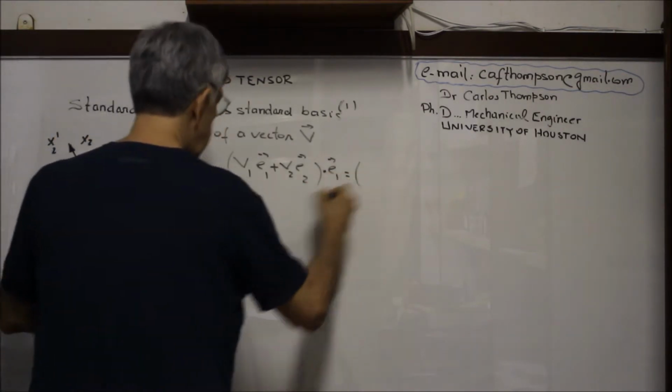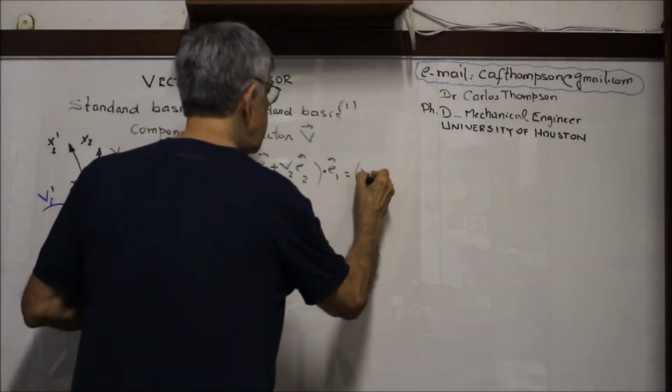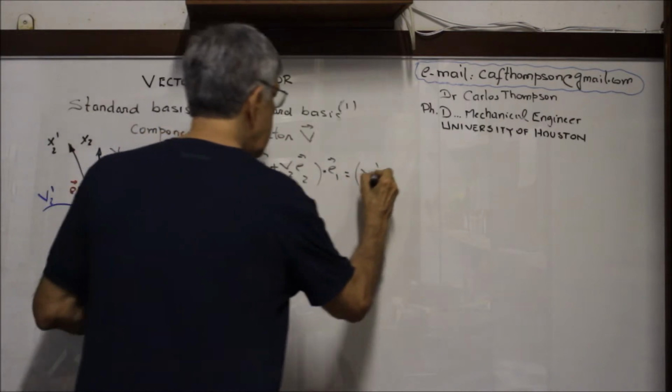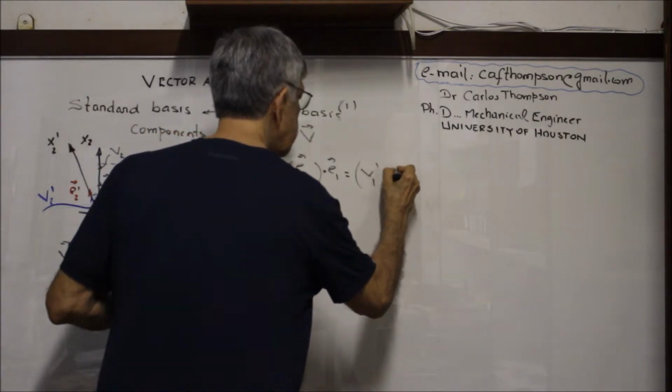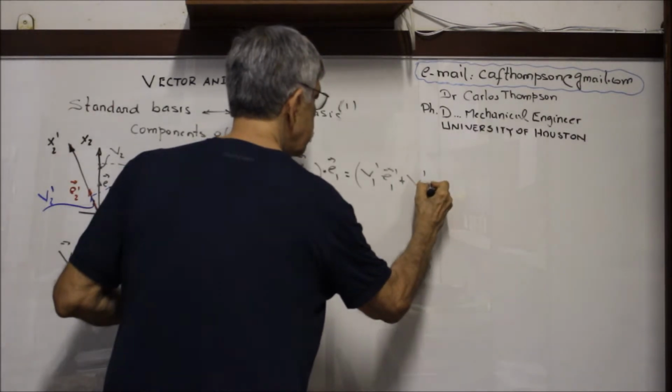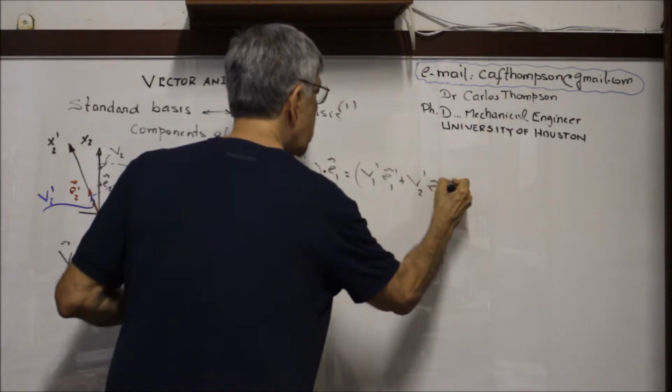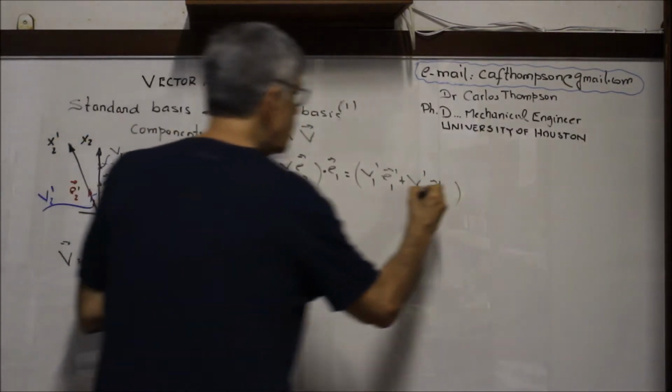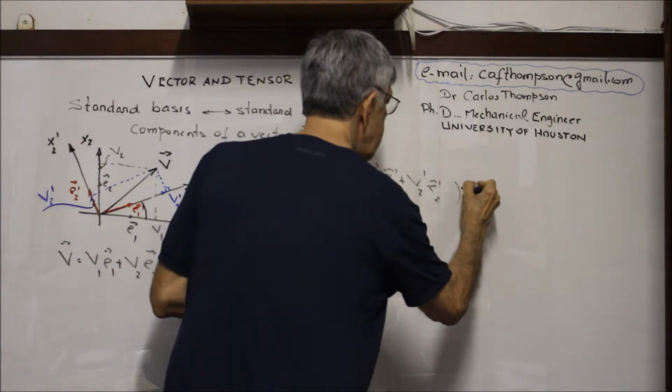On the right hand side is V1 prime E1 prime plus V2 prime E2 prime, dot E1.